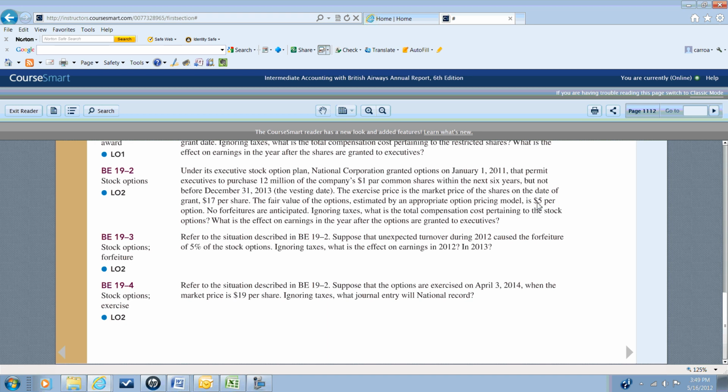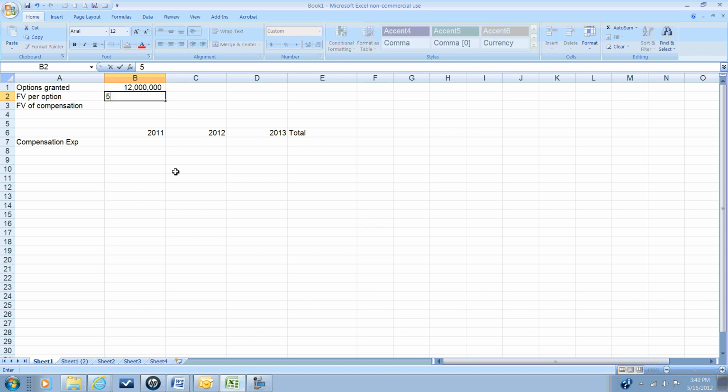GAAP uses the value that is generated by the pricing model. So it's going to be $5 per share. So the fair value of the compensation, to answer the first question, is going to be the number of options times the value per option, and that's $60 million.